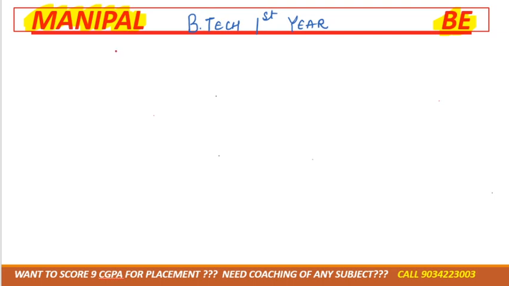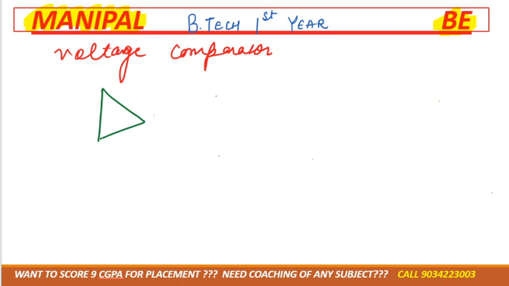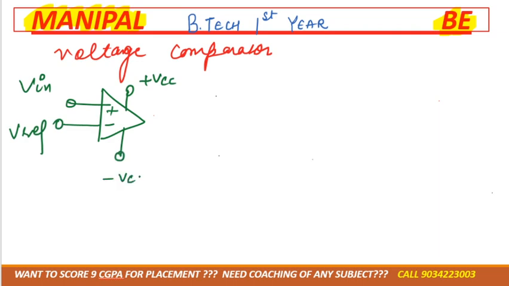Last but not least, next one is voltage comparator in opamp only. Voltage comparator, as you can see, it will provide two voltages. Like suppose this is positive, negative, this one is Vin, this one is V reference, okay. This one is plus VCC, this one is minus VCC.